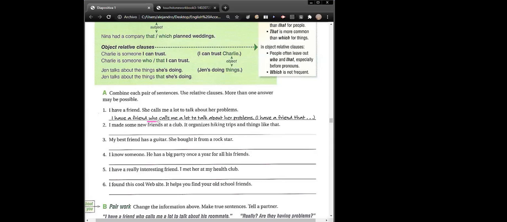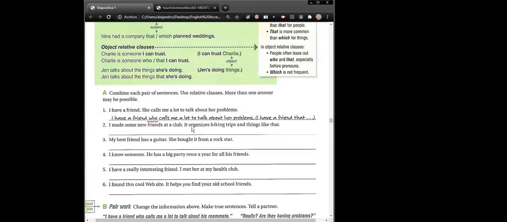I made some new friends at a club. It organized hiking trips and things like that. And the other is, I made some new friends at a club who organize hiking trips and things like that. I made some new friends at a club. Pero ¿cuál utilizaste? Who? A friend at a club, hiking trips.